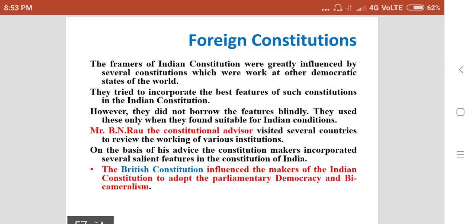Mr. B.N. Rao, the constitutional advisor, visited several countries to review the working of various institutions. On the basis of his advice, the constitution makers incorporated several salient features in the Constitution of India.